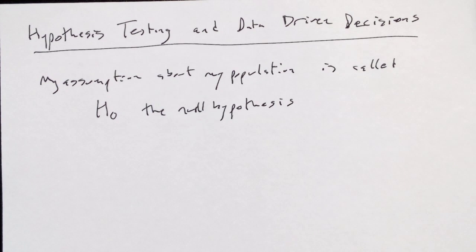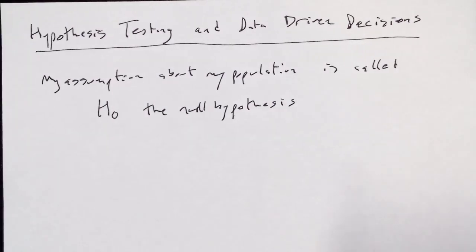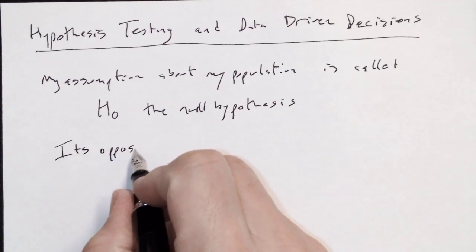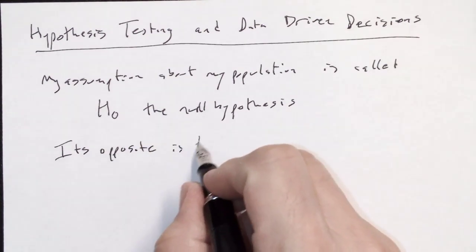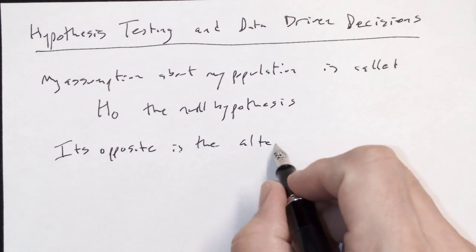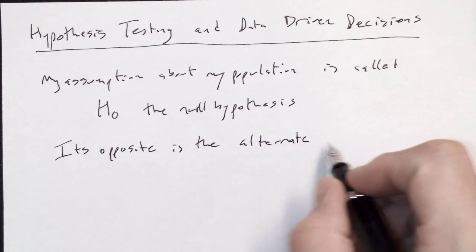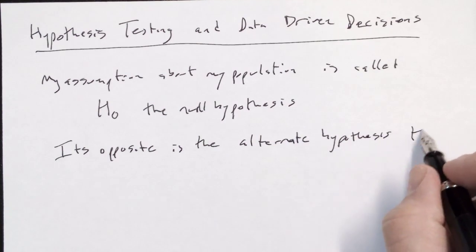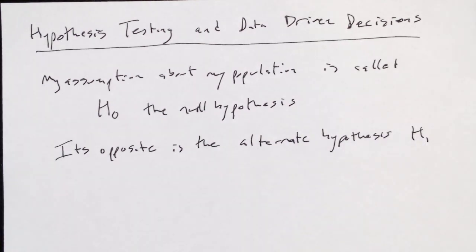So if this is what I think is happening, its opposite is the alternate. Our book calls that H1, but I've also seen it called HA.